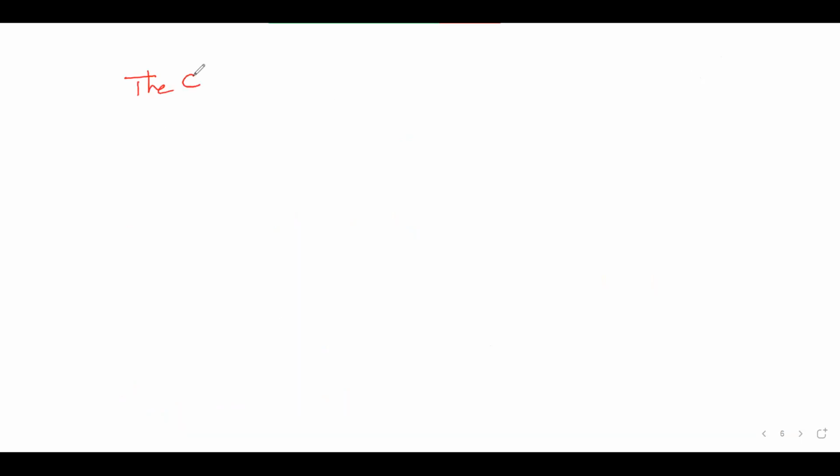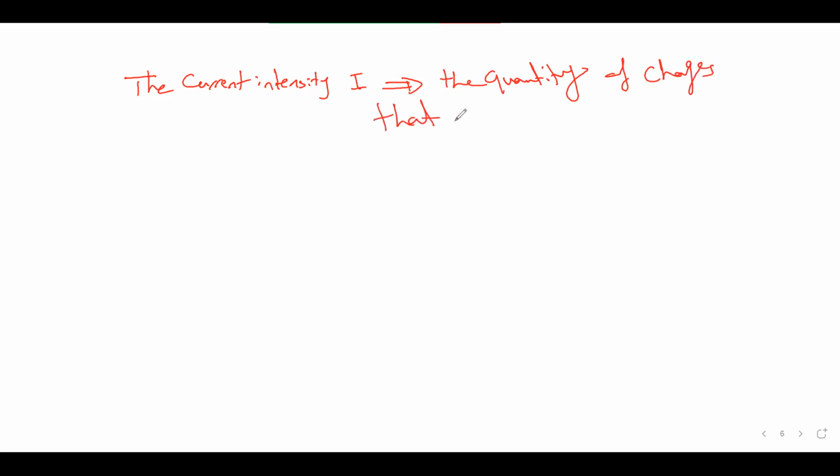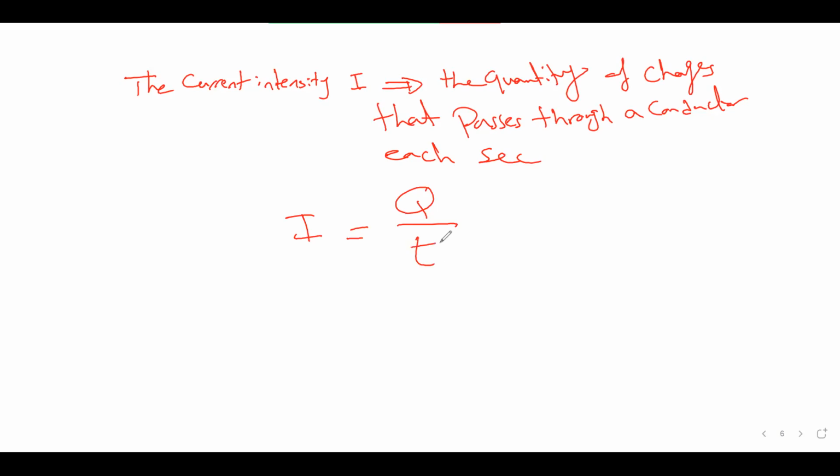The current intensity, which is I, is the quantity of charges that passes through a conductor each second. Here you should know that I equals Q over T.